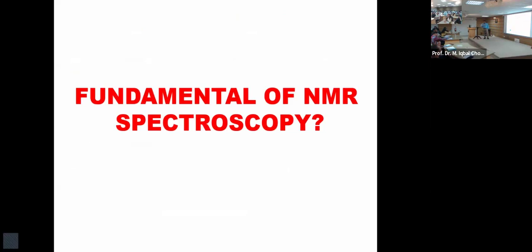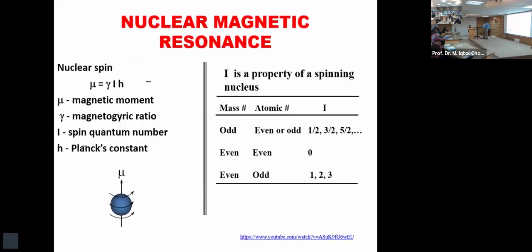And now we come to the fundamentals of NMR spectroscopy. You see, NMR is tricky. Not all elements are NMR active. Some of them are NMR active, and some of them are NMR silent.